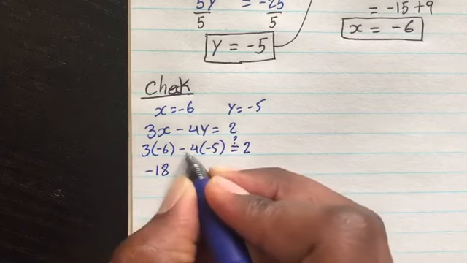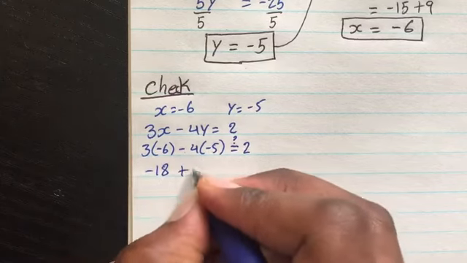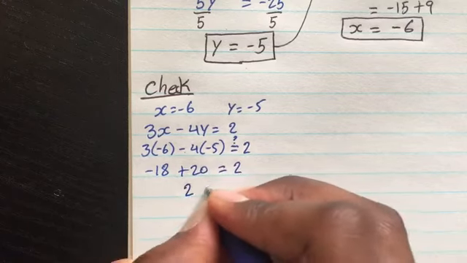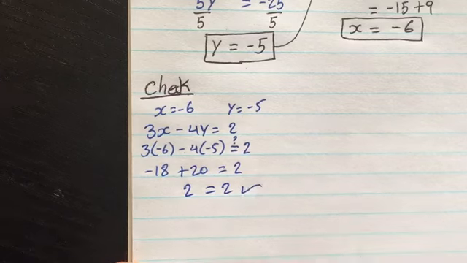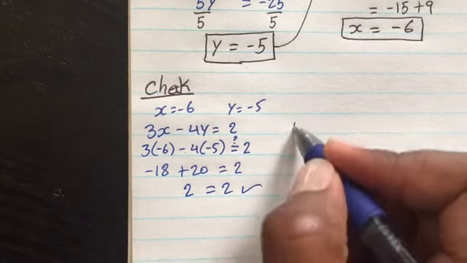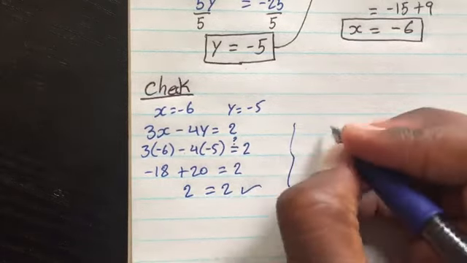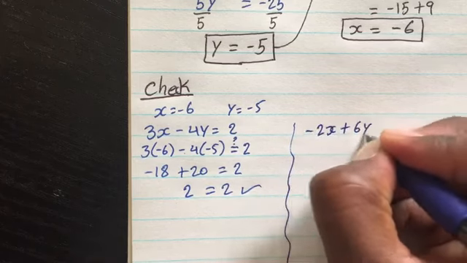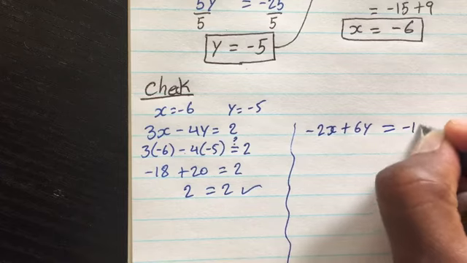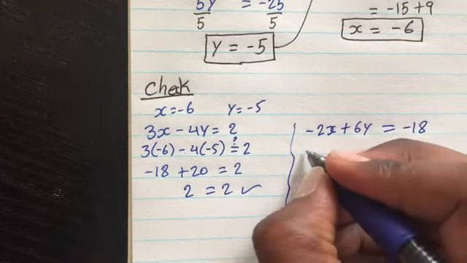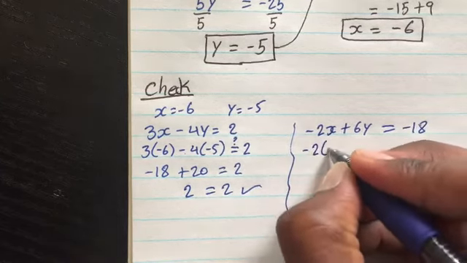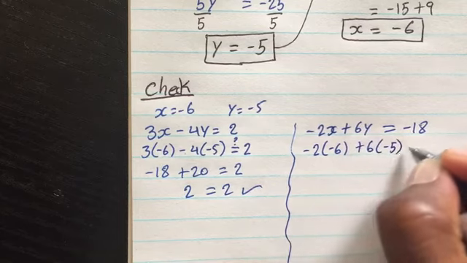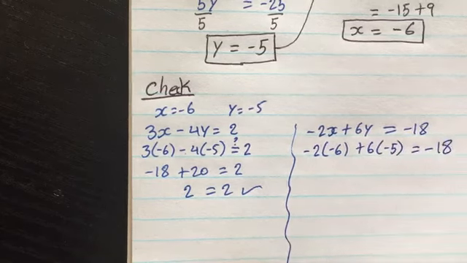Negative 18 minus, and a minus will make a positive, 20 equals 2, and I have a 2 equals 2. It satisfies the first equation. What about the second equation? Negative 2x plus 6y. I want this to be equal to negative 18. Negative 2 times my x value, negative 6, plus 6 times your y value equals negative 18.